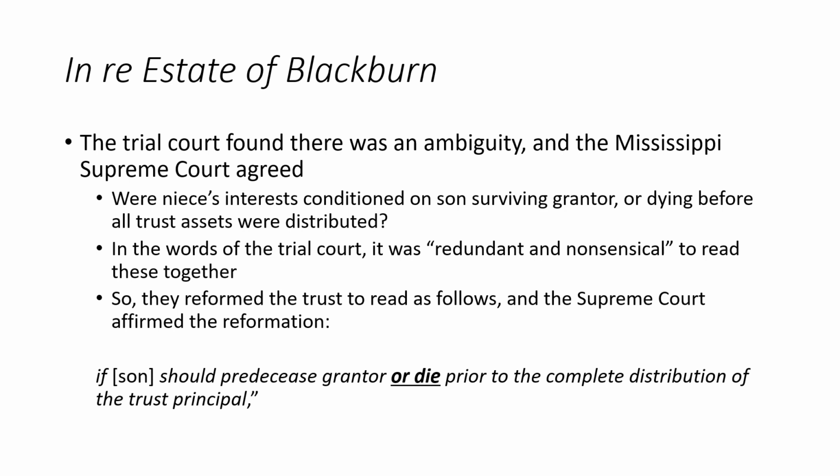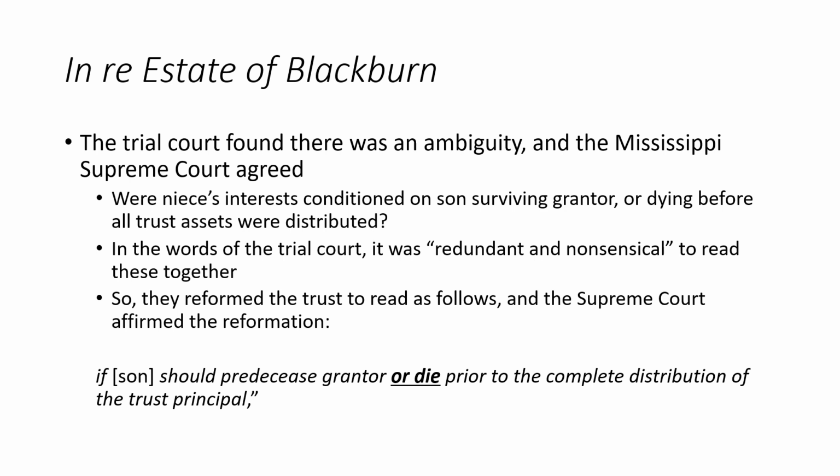Now, first off, when you read those words together, it's kind of a disjunctive. It presents two conditions that can't simultaneously be met. One, did the son predecease the grantor? No. Two, did the son predecease the grantor prior to complete distribution of the trust principal? Well, you can't really read those consistently because no trust principal starts getting distributed until the grantor is deceased anyway.